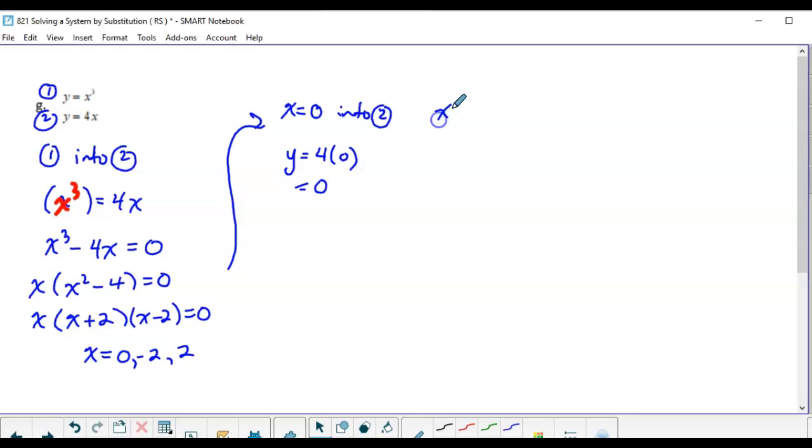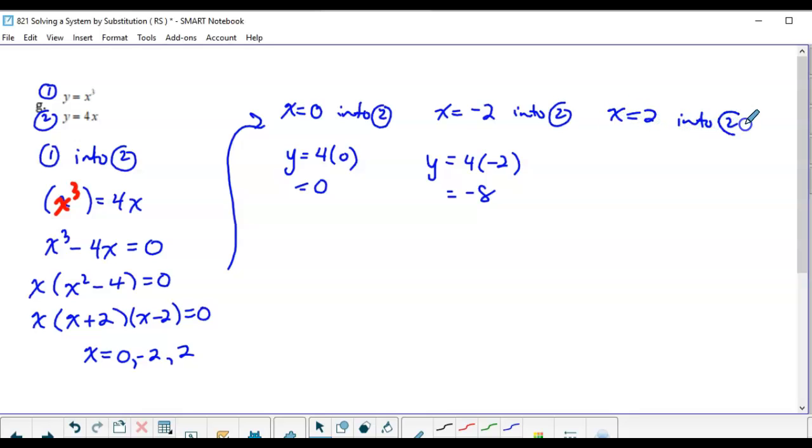And then x equals -2 into that equation. So y equals 4 times -2, which is -8, and x equals +2 into that equation. That would be y equals 4 times 2, which is +8.